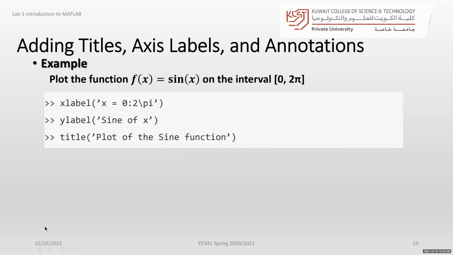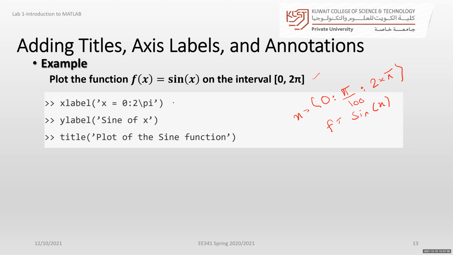Now, f of x is equal to sine of x on the interval 0 to 2 pi. We just have to plot it. We already defined our function: 0, pi by 100 was the increment, and 2 pi was our final value.